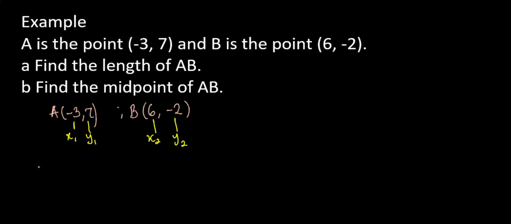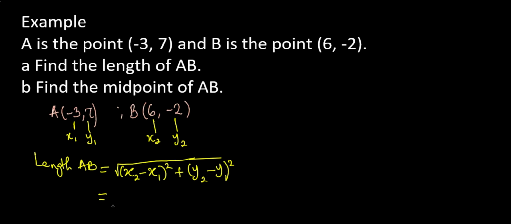For this one, we just write our equation for the length of AB, which we have been given already, and I've explained it already. So we just plug in all the values there.